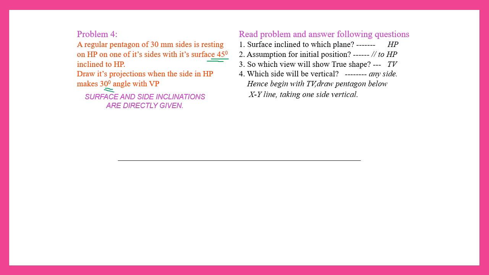Surface inclined to which plane? HP. Then you need to consider the surface parallel to HP and start drawing the initial position. Parallel to HP means you'll get a pentagon like this, and then the front view.